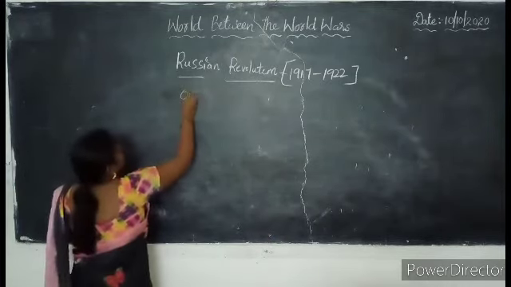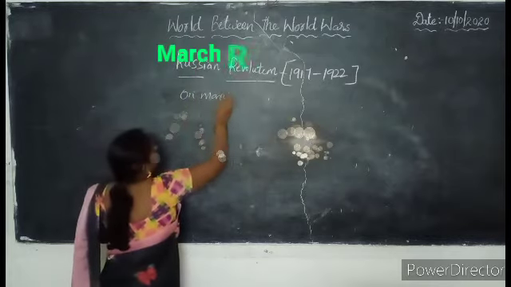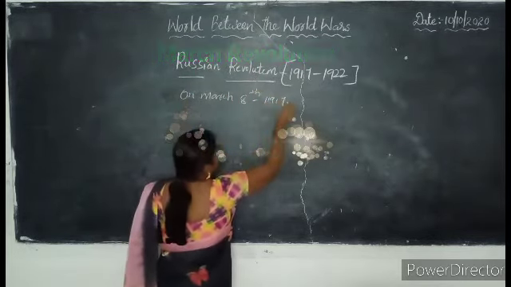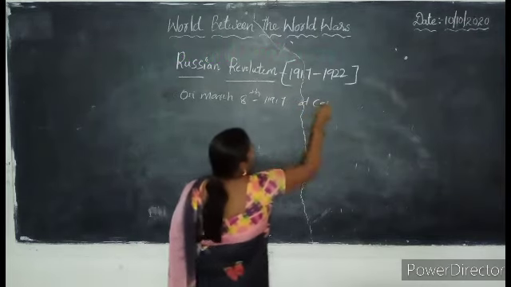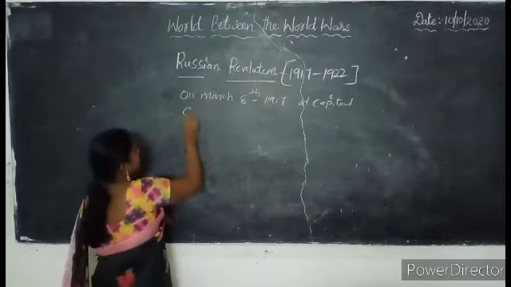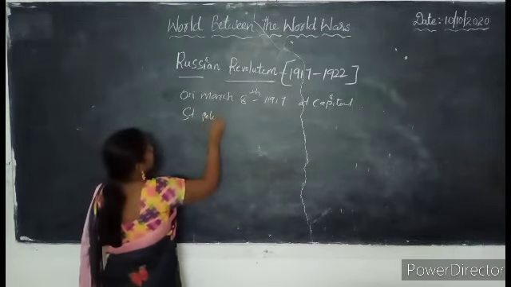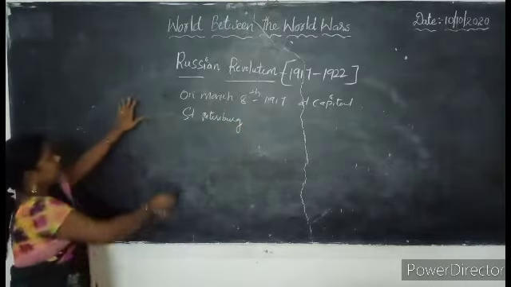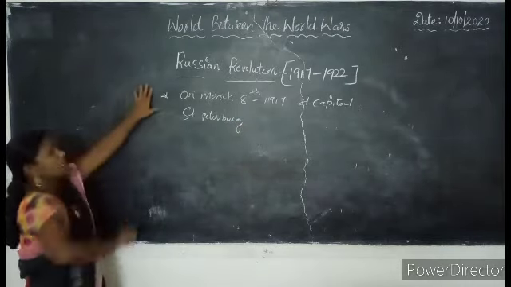On March 8, 1917, at the capital St. Petersburg, there was a revolution started in Russia.